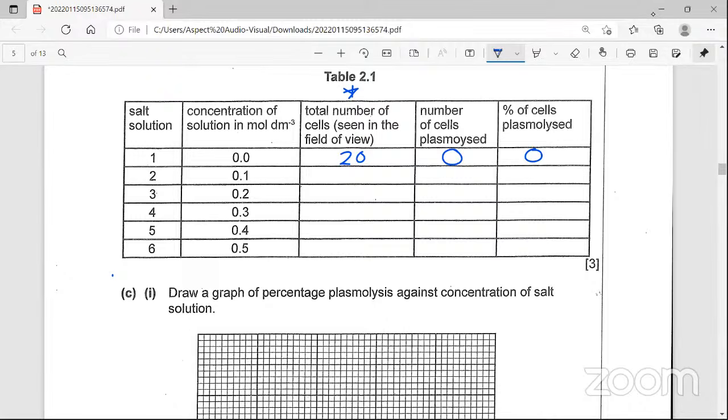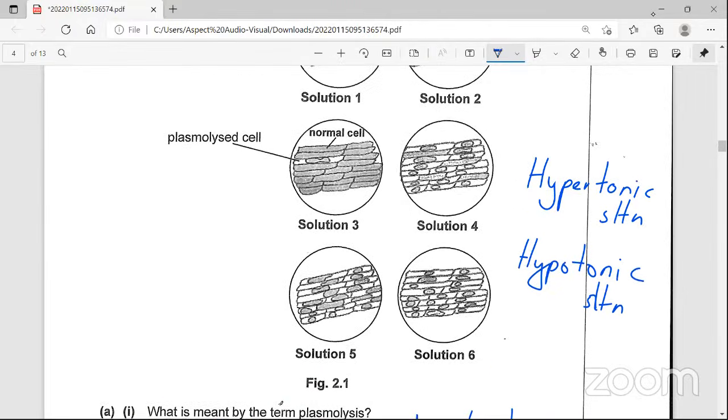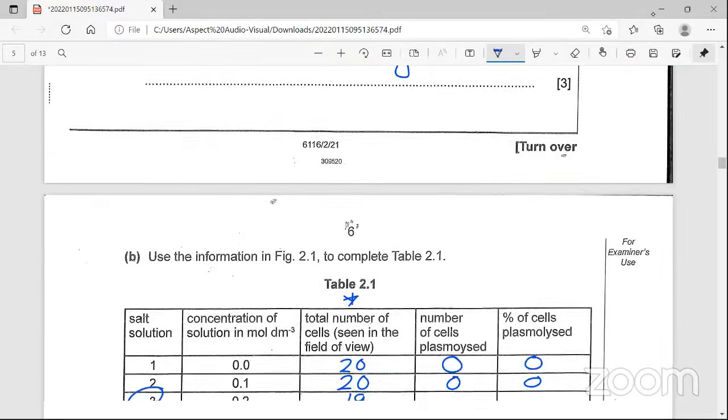How many cells do we have? 20. And then here? 0. And then here? Wait, solution 3, guys. How many cells do we see? They are 19. There's only one that's plasmolized. So we put 19 there.